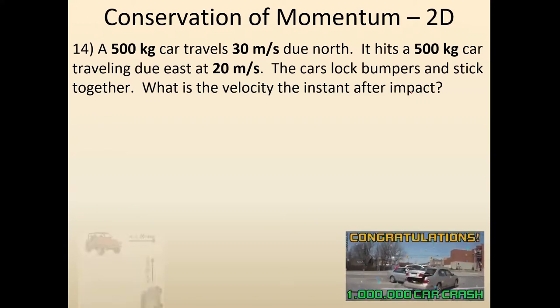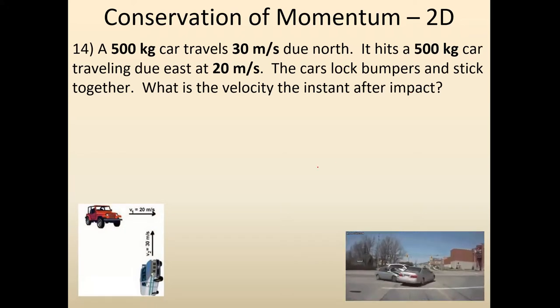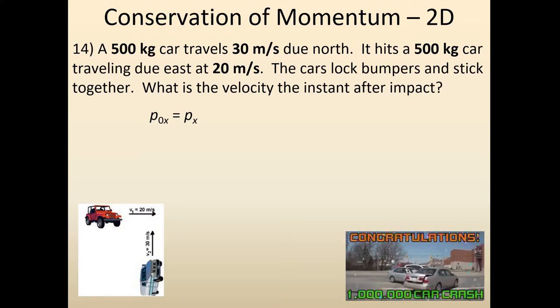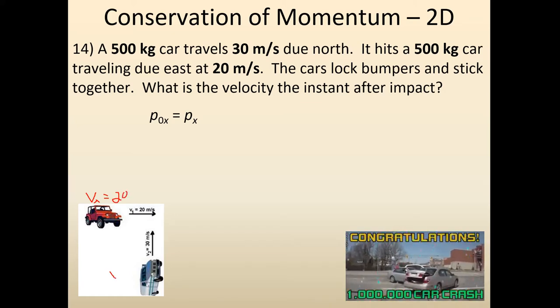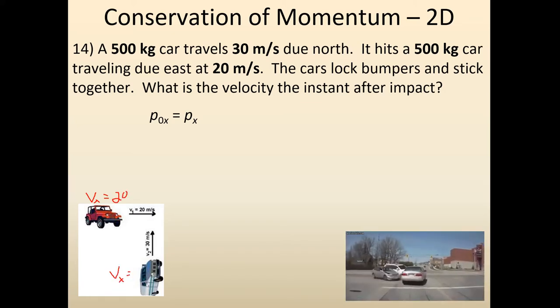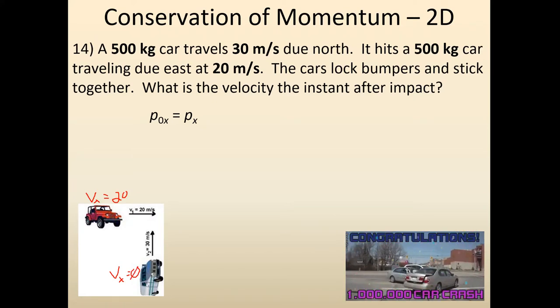All right. So just to give a visualization, this is what's happening. We have a car that's going 30 meters per second going north. We have a car that's going 20 meters per second going east. Both of them are 500 kilograms. Again, we want to do conservation of momentum in both x and y direction. So let's start with the x direction. In the x direction, this first car has a velocity of 20, and this car has a velocity of 0, because this is only moving in the x direction and this is moving in the y direction.